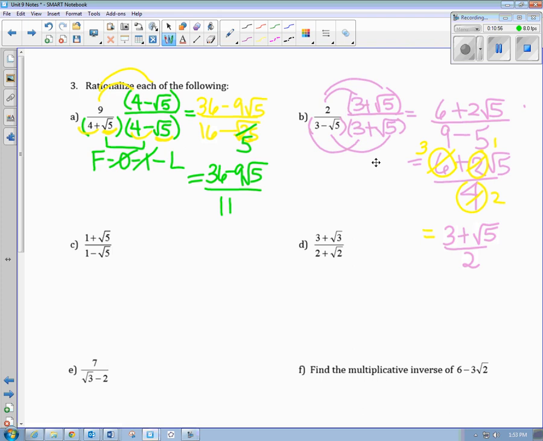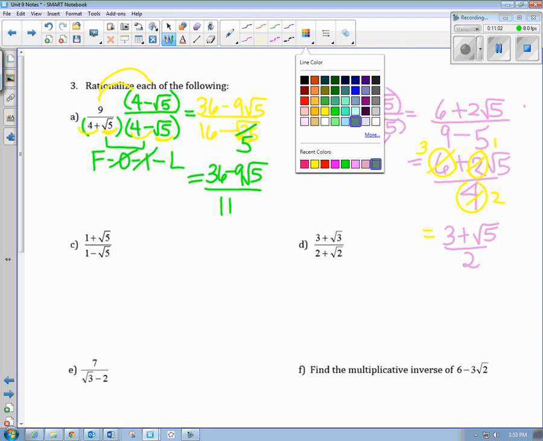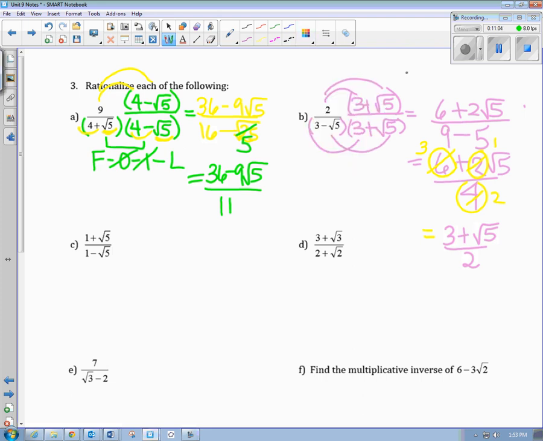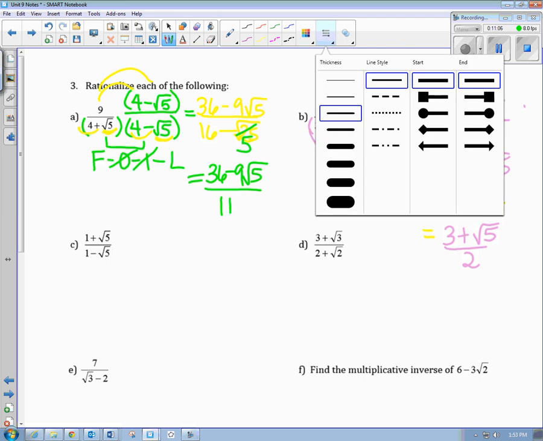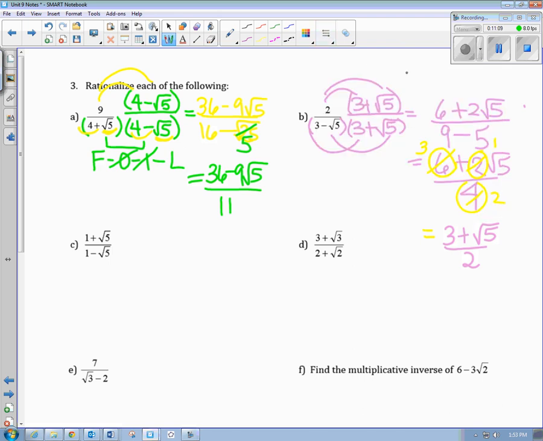For question 3D, I'm going to skip C. For 3D, I'm going to multiply also by the conjugate. So for the conjugate, I'm going to multiply by 2 minus radical 2, both top and bottom.